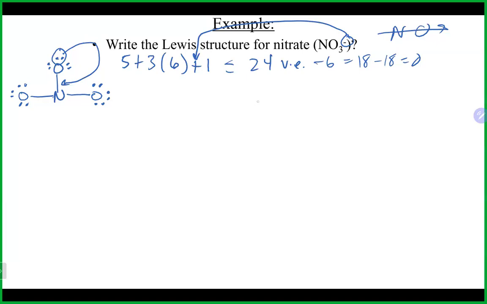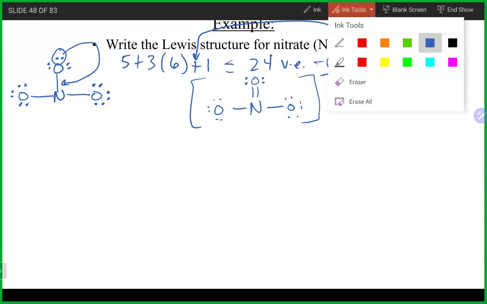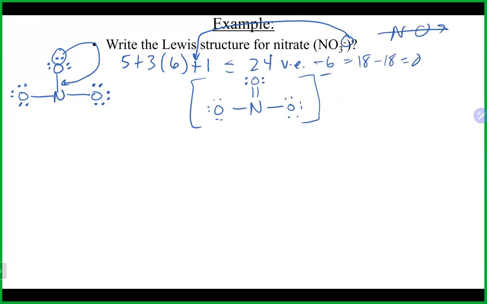The result of that is we will end up with a double bonded oxygen up on top. We will still have our single bonded oxygen on the right and left. And typically we do put a bracket around it since it is something with a charge, and put the little charge on the outside. By doing so, that allows us to have still 24 electrons only.